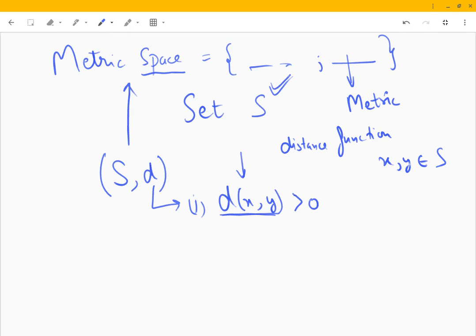These are very small numbers, infinitesimally small, and d(x,y) will be equal to 0 if and only if x is the same as y.